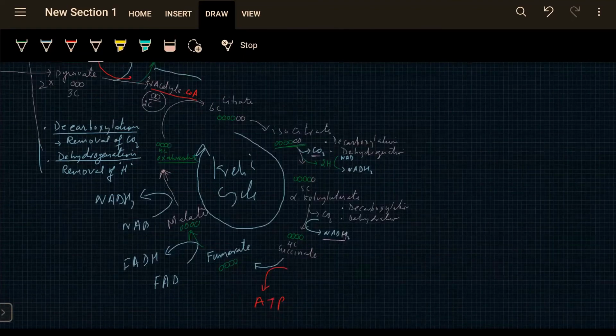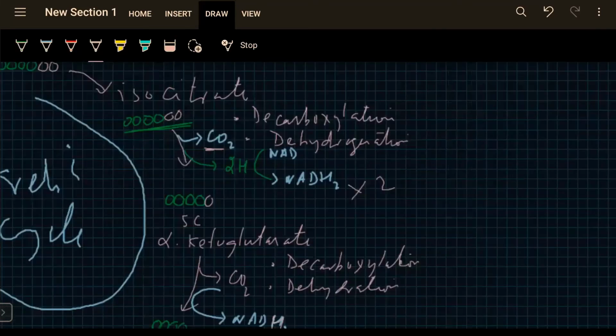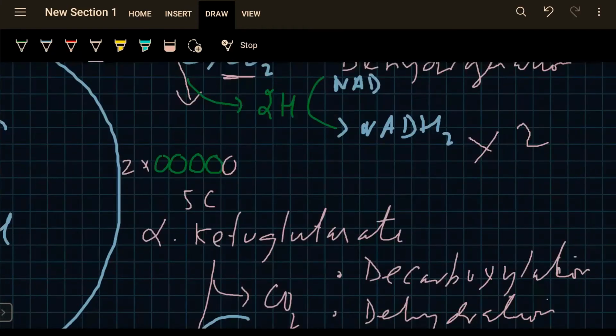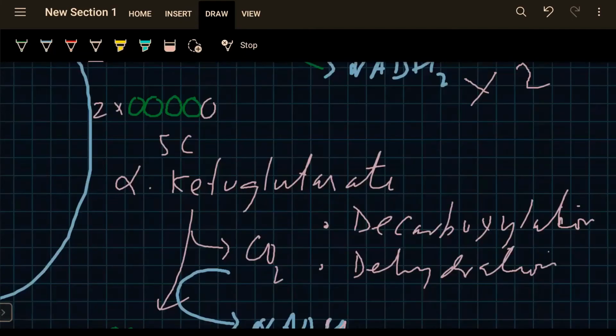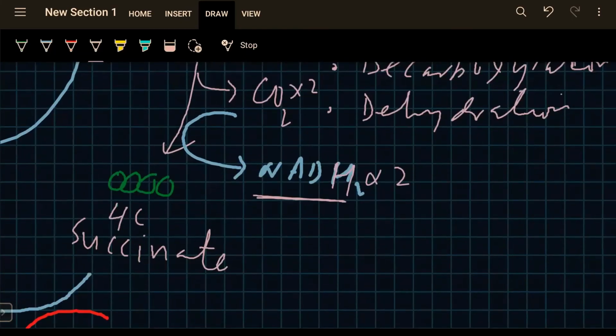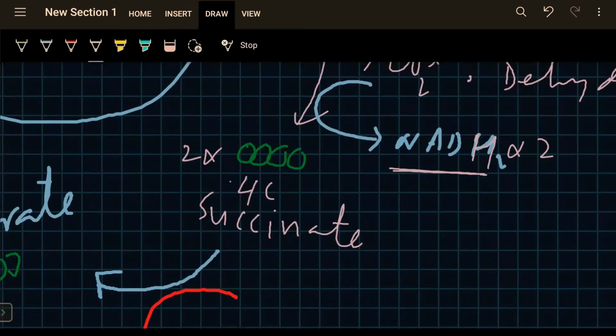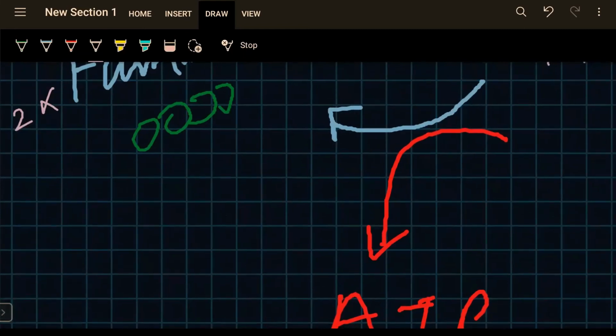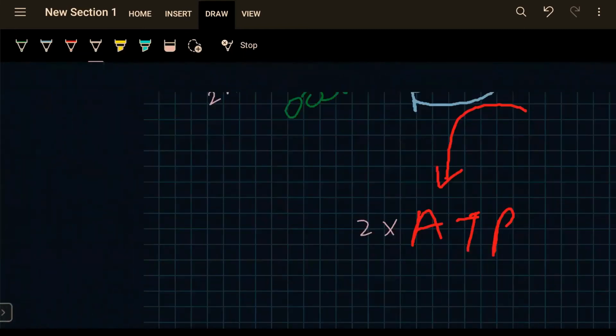Like citrate 2 molecules, isocitrate 2 molecules, 2 NADH2 produced, 2 carbon dioxide produced, and 2 alpha ketoglutarate, then 2 carbon dioxide here, then 2 NADH2 here, then 2 succinate, similarly 2 fumarate, and 2 ATP. So everything will double.